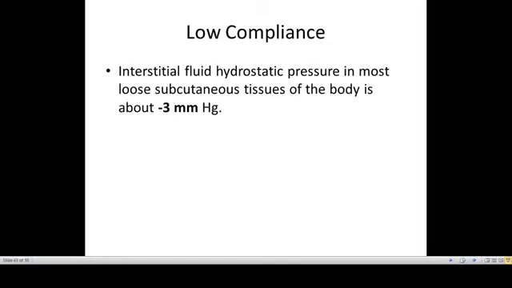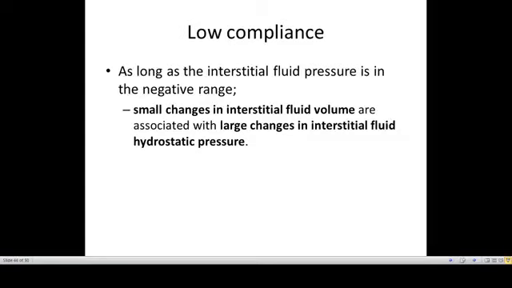Now, the interstitial fluid hydrostatic pressure in most loose subcutaneous tissues of the body is about -3 millimeters of mercury. As long as the interstitial fluid is in this negative range, small changes in interstitial fluid volume are associated with large changes in interstitial fluid hydrostatic pressure.